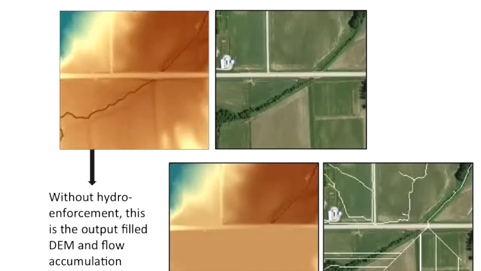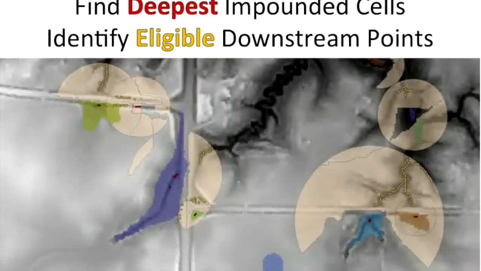On the right, you can see the flow paths that had to essentially fill that depression and then spill over into the riparian area on the far side. That's not acceptable from a modeling perspective. So this is a case where hydrologic enforcement would have to be conducted.